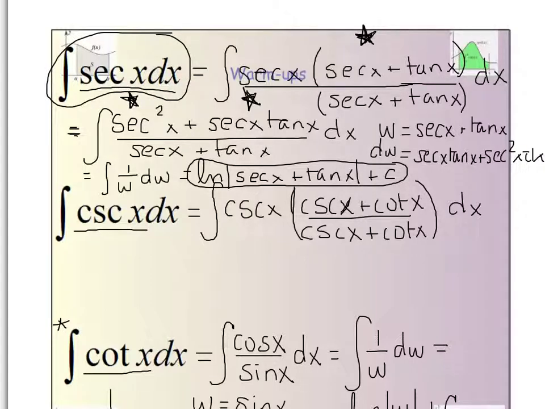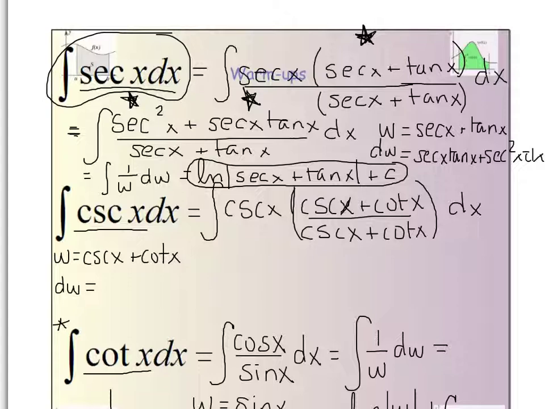Now, given that, I bet you guys could finish up the integral of cosecant of x. This one's going to have a little bit of some negative issues in it, but I think if you let w equal the denominator, cosecant x plus cotangent of x, and dw then will be, well, what's the derivative of cosecant?